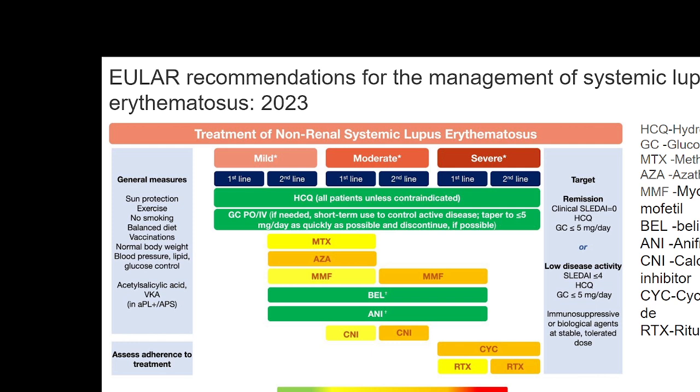So this is a universal guideline, the EULAR guideline, the European Union guideline against rheumatism. The important issues are, in all the patients of SLE, according to contemporary science, the EULAR guideline, skin protection, taking care of skin hygiene, exercise, no smoking, balanced diet, vaccinations because the patient has reduced immunity, maintenance of body weight, maintenance of blood pressure, lipid and glucose control.